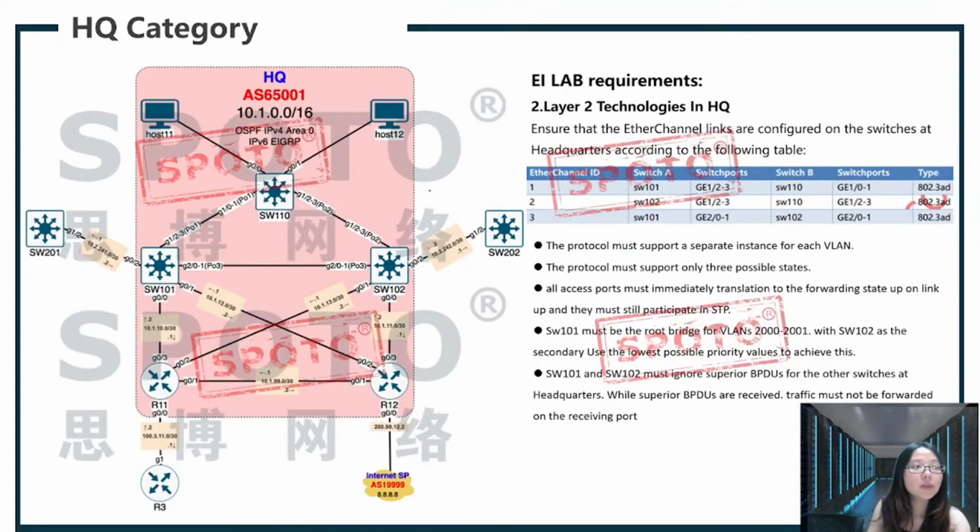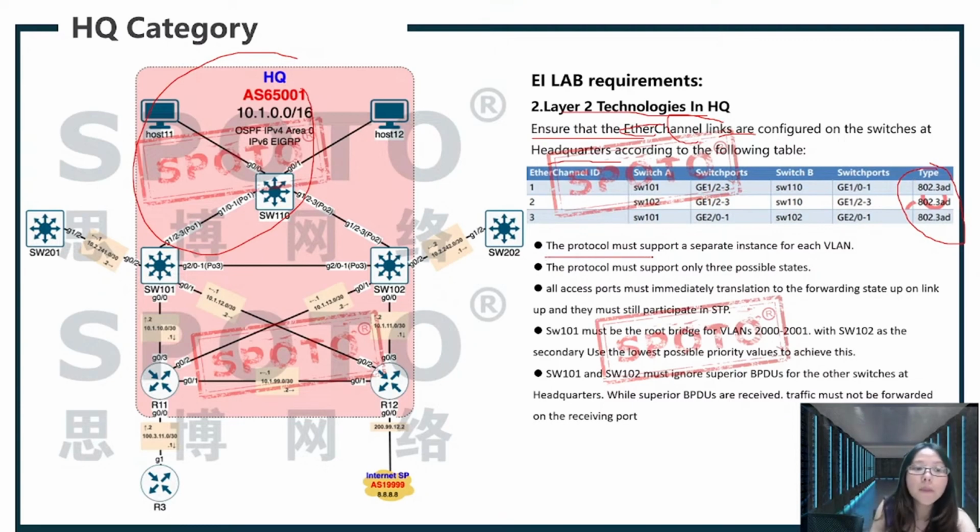Let's see the next part about the Layer 2 technology in HQ. Let's take a look at the EI lab requirement in this part. Ensure that the EtherChannel links are configured on the switches at headquarters HQ according to the forwarding table. So we need to configure the EtherChannel and use this protocol to achieve it.